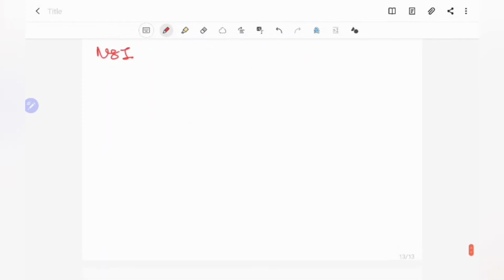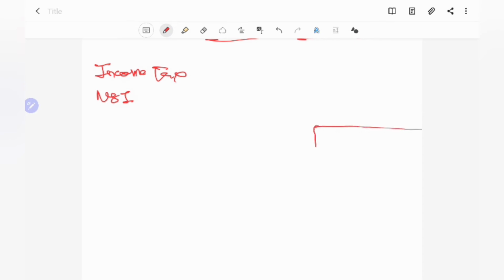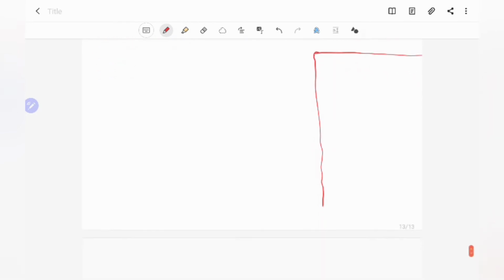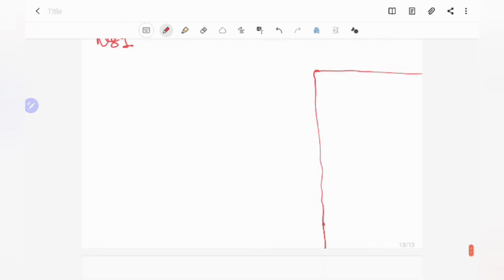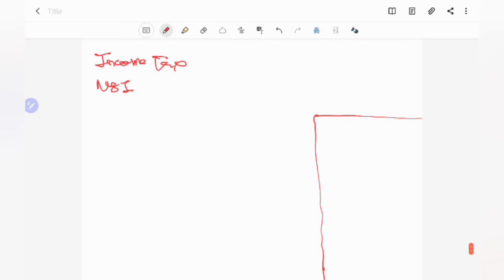Now at one corner, what I will do, some workings. Here in this box, I will do the workings.